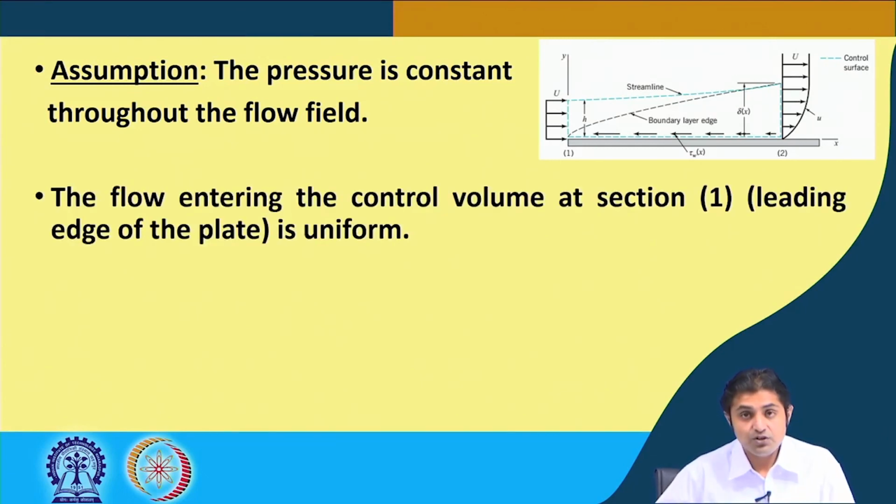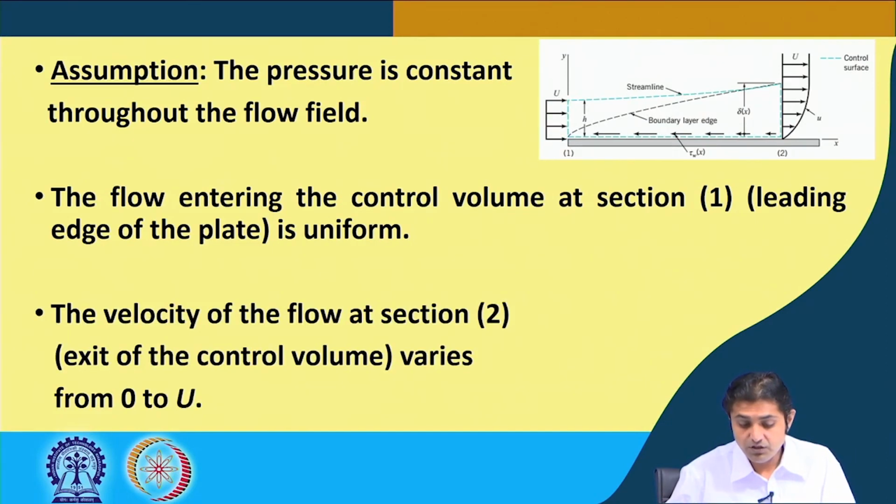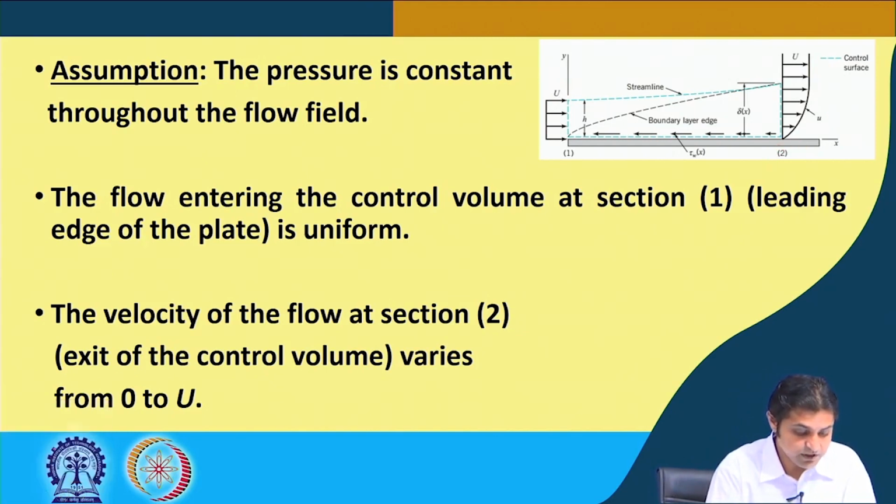The flow entering the control volume at section 1, the leading edge of the plate, is uniform, and the velocity of the flow at section 2 varies from 0 to u, and this happens because of the boundary layer. This is the assumption that we start with.